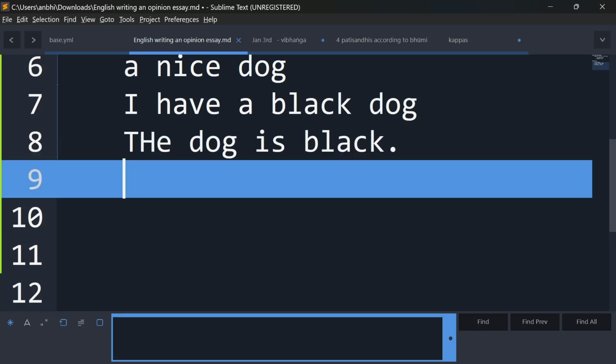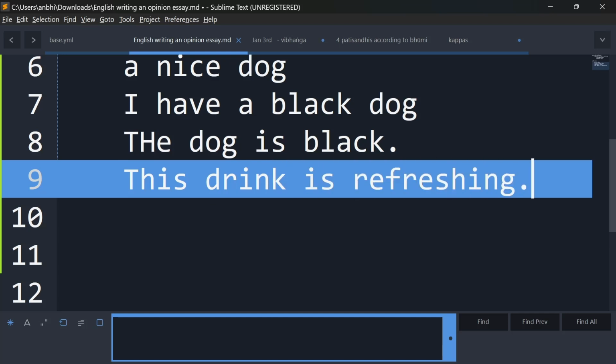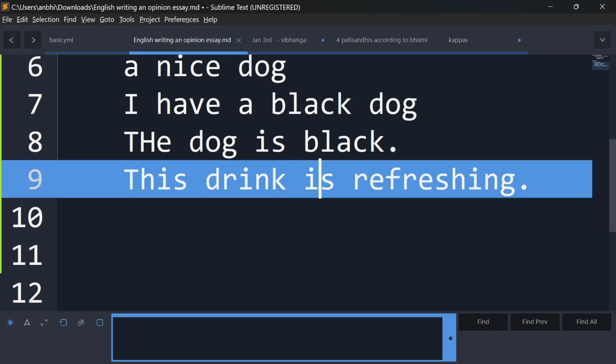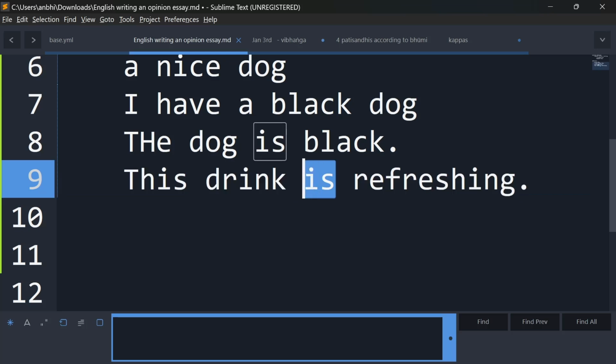Okay, but sometimes some adjectives have ing, right? For example, this drink is refreshing. Okay, this drink, drink is a noun, the name of things. Then you have this drink. This is the subject.